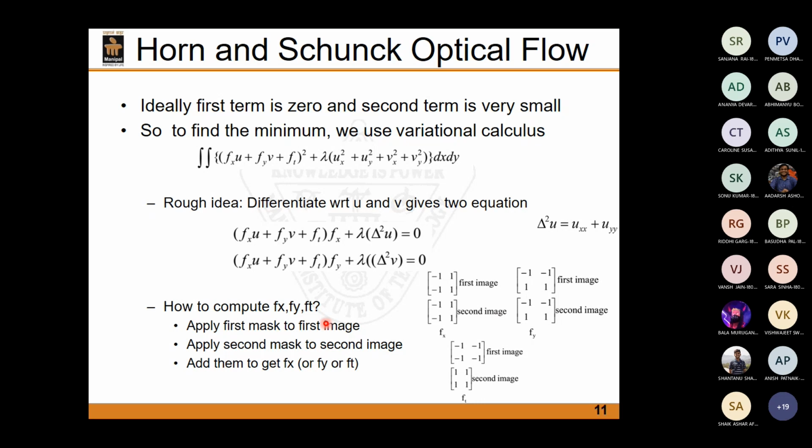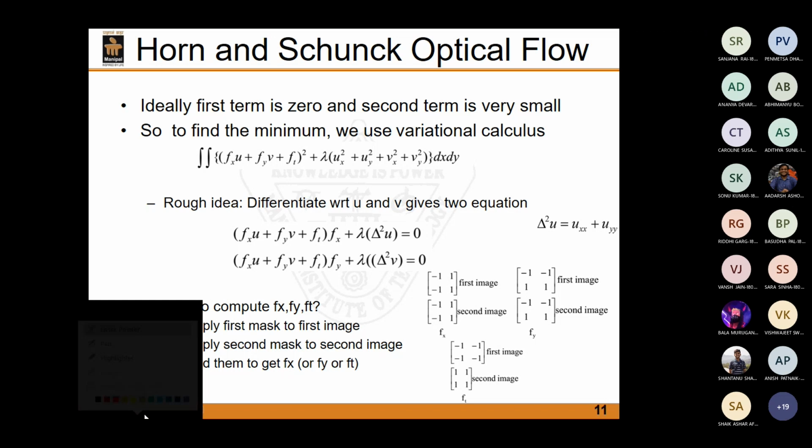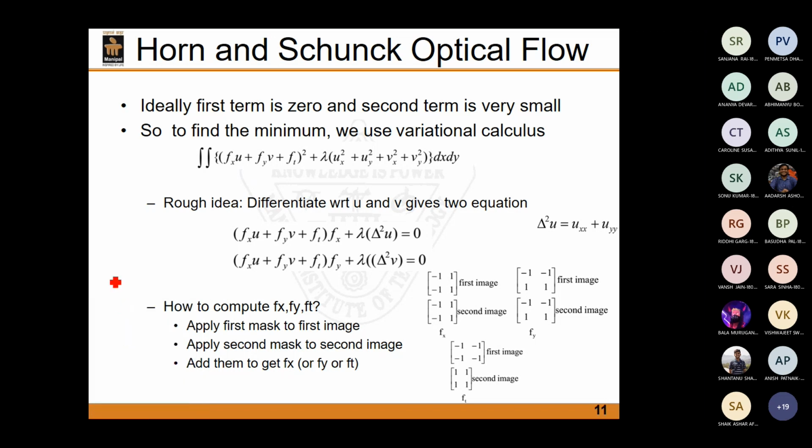Now, to calculate ft, ft is basically along the temporal axis, that is along the time axis. So you have an image frame here, you have another image frame here.